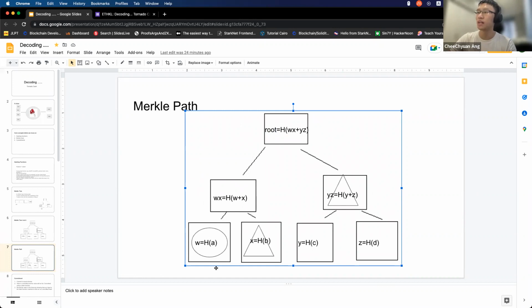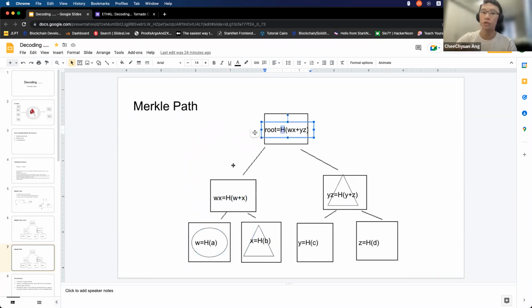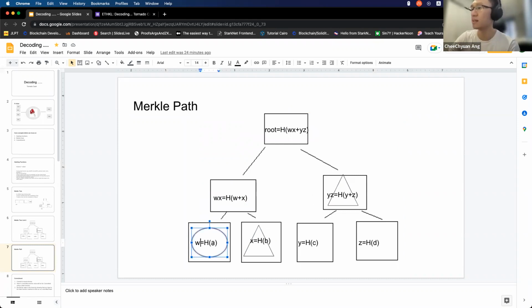And knowing that, you are able to reconstruct the root from the siblings. When I have this and I have this hash, I'm able to combine these two to form the hash of this one. And then I'm able to combine this one and this one to form the root. All I need to do is compare the root that I calculated with the root that is publicly available. And if they match, then we are quite certain that A indeed does exist in the tree.